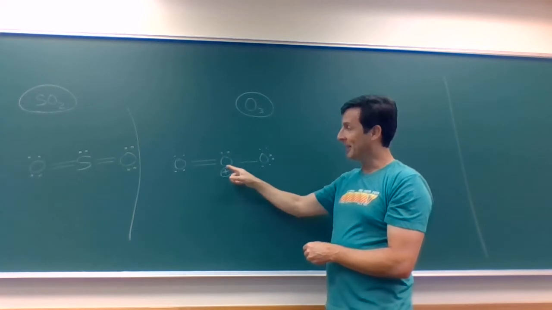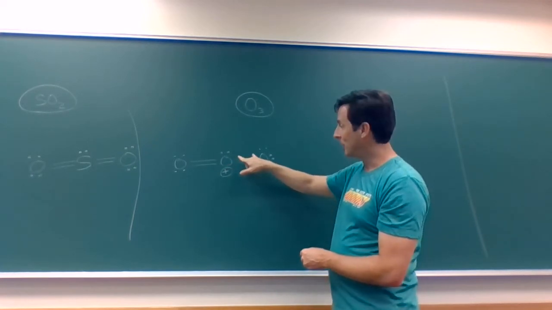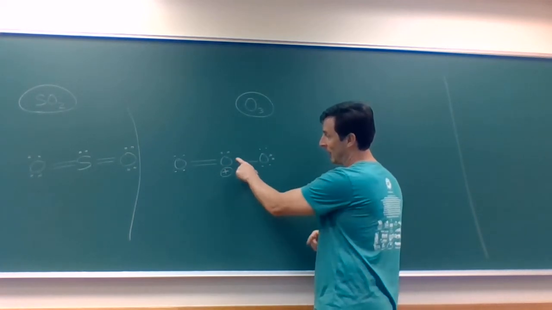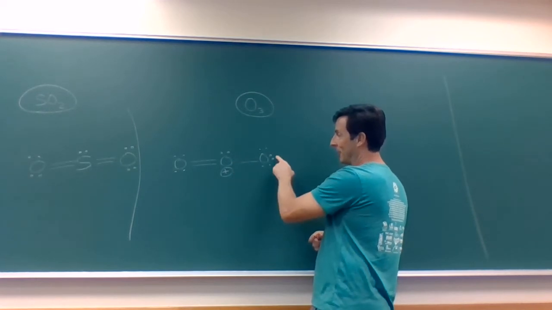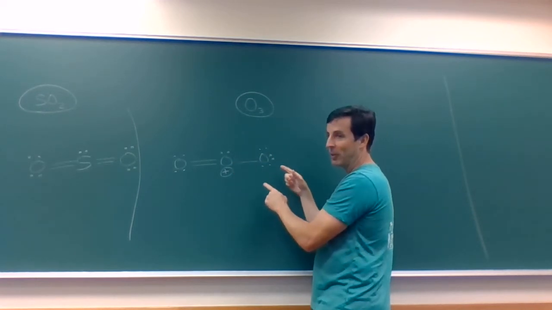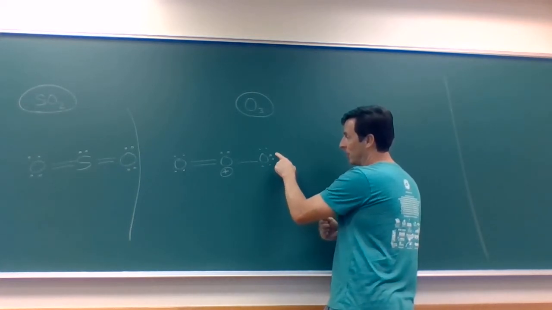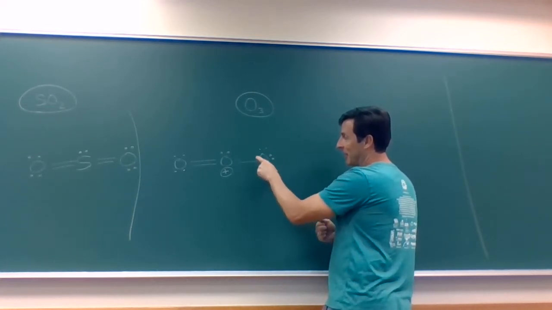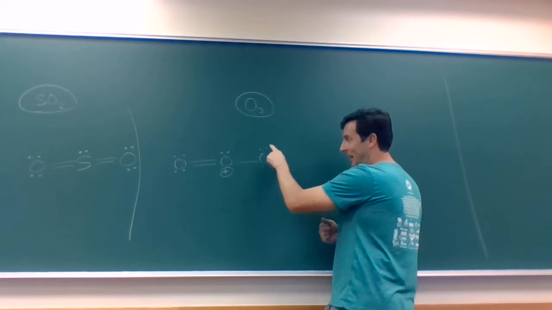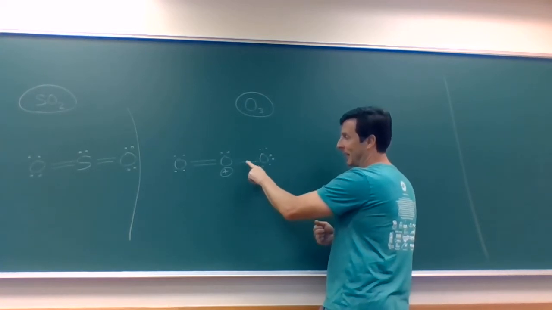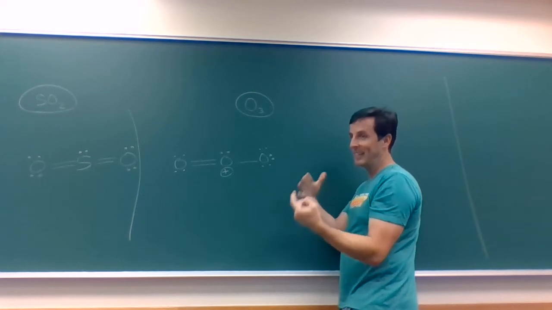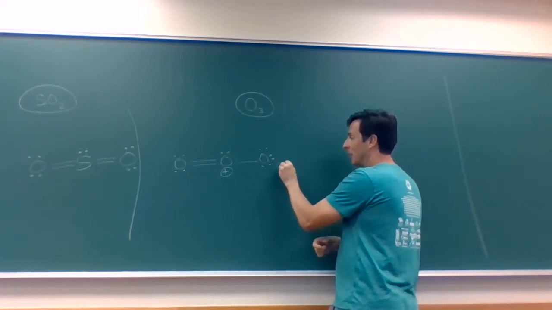Now, if he lost an electron, there are 2 electrons here that I moved out. That means that the electron that belonged to him, and we moved it out to this guy, he's going to end up with a negative charge. Let's confirm it. If I count 1, 2, 3, 4, 5, 6, 7 in the bond, this guy owns 7 electrons and then he gains 1 through the sharing, so he has an extra electron. That's a negative.